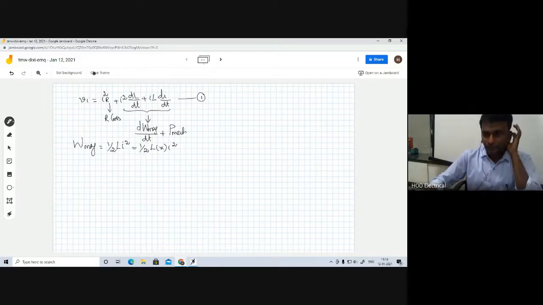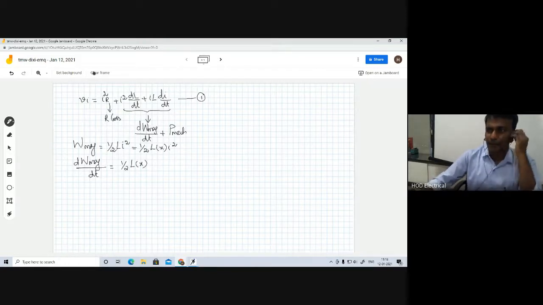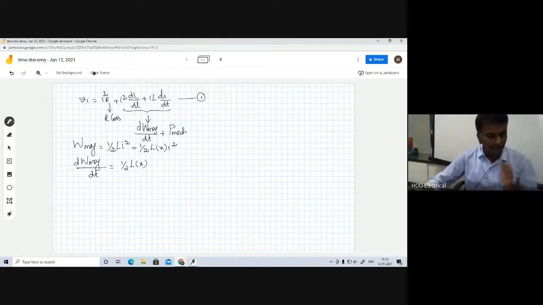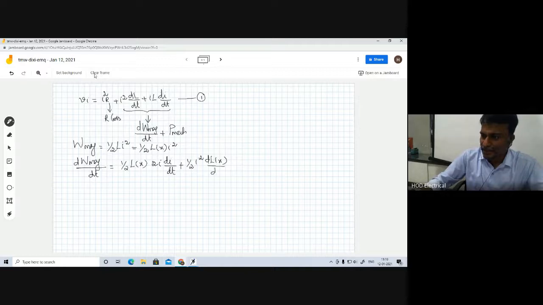Now if you write it, the rate of change of field energy, d by dt, is nothing but half L of x into the differentiation of I squared, which is 2 into I, so 2 into I into dI divided by dt, plus half I squared into dL of x divided by dt.